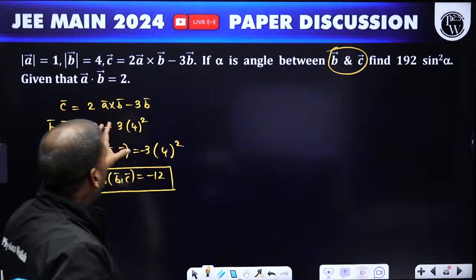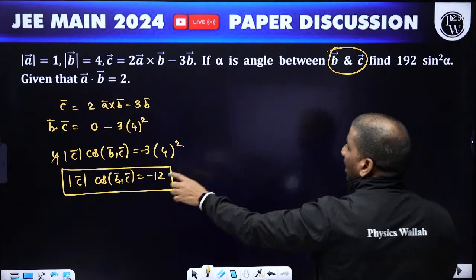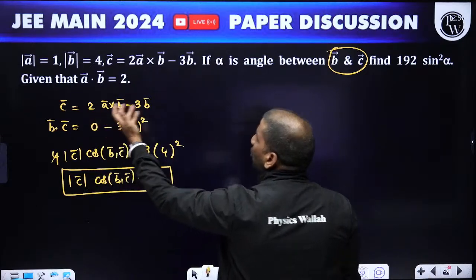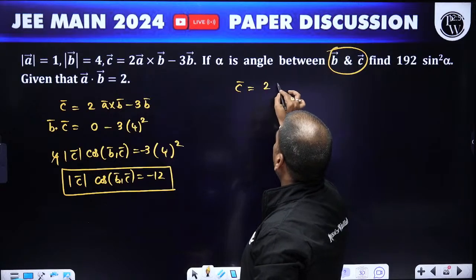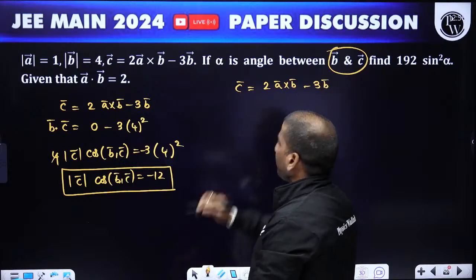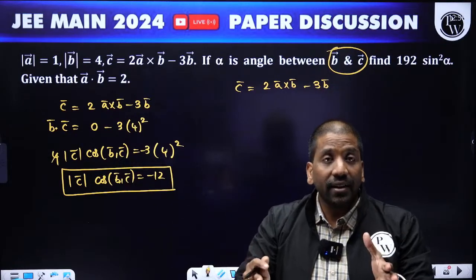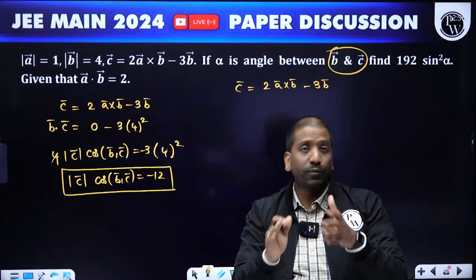But we want the angle between B bar and C. This is a mod C into C, which is not known to us. C is 2 times A cross B minus 3 times B. We need the magnitude of C.